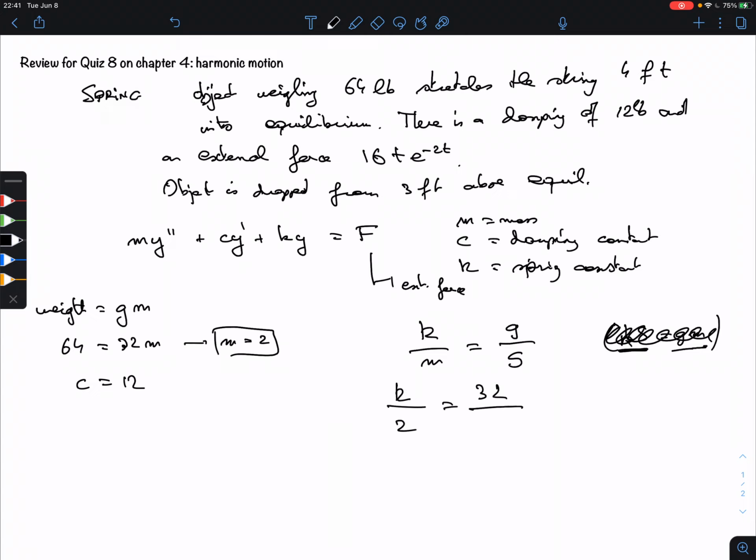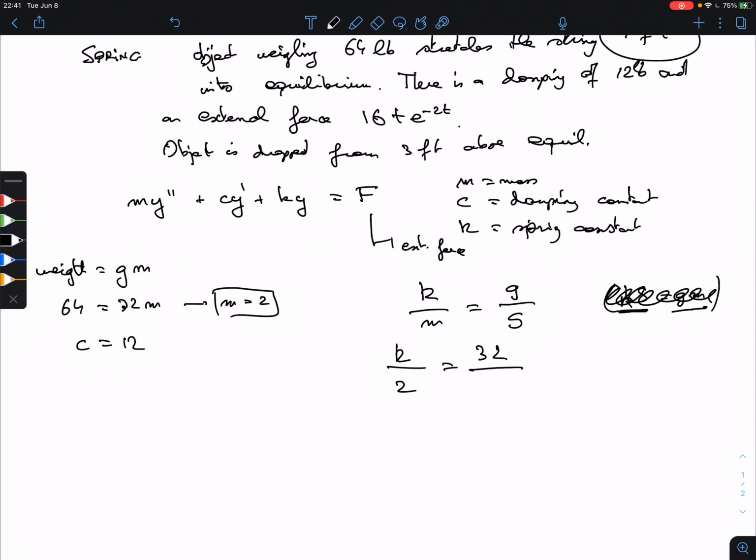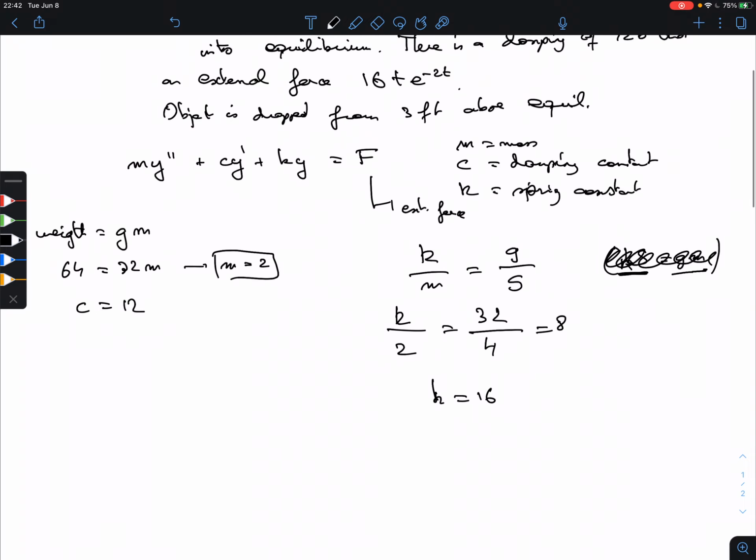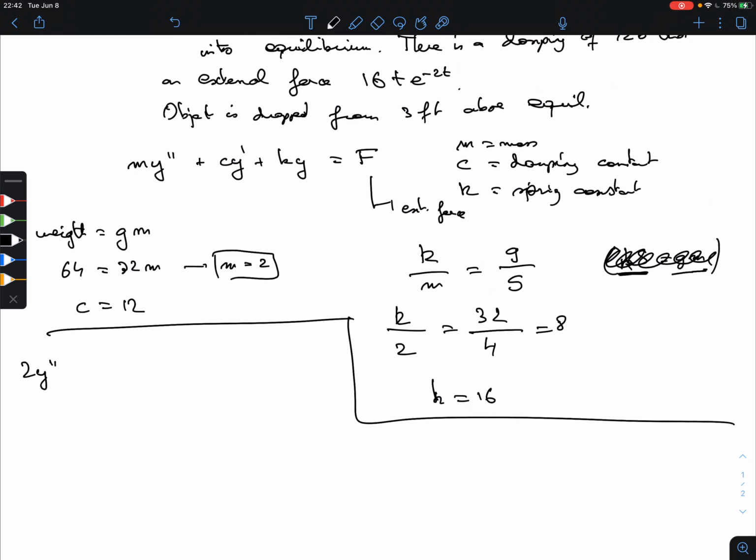And what is s? Well, that tells us this is 4 feet. Everything is in feet here, so it's all nice and dandy. So this is 8. So from this we see that k is 16. Okay, so now we can fill everything in. Our equation becomes 2y double prime plus 12y prime plus 16y equals 16t e to the minus 2t.